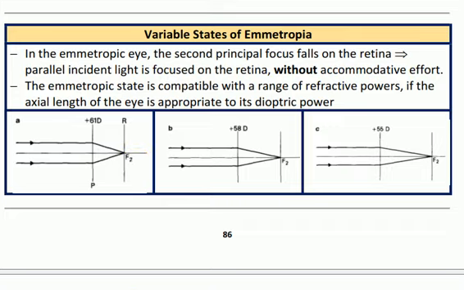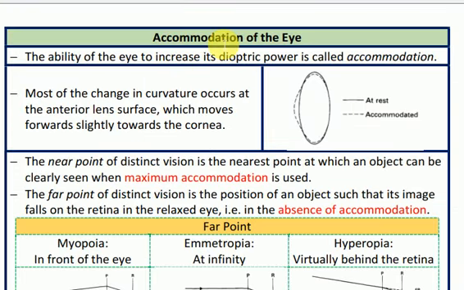Accommodation of the eye. If the refractive power of an emmetropic eye were fixed and unalterable, only objects at infinity would be clearly seen. Light from near objects would be brought to a focus beyond the second principal focus F2, and no clear image would be formed on the retina.